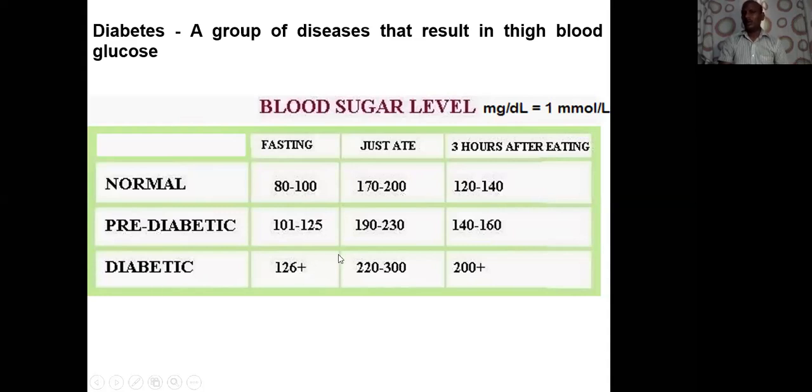After eating, or 3 hours after eating, there is a shoot up of glucose levels, but generally we consider the fasting levels.